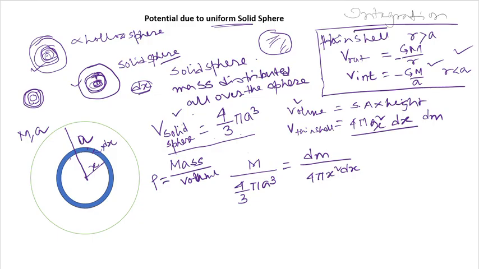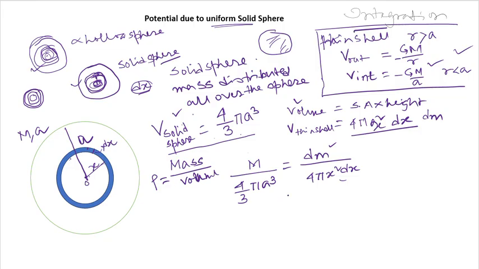So we represent dm as a function of dx and x, because we are going to vary x. To get the full sphere potential we vary x from 0 to a. So x is varying, and since dm is a function of x, when we apply the integration, as we vary x, dm automatically changes, and we achieve our integration to get the potential due to the sphere. That's the reason we are doing it.